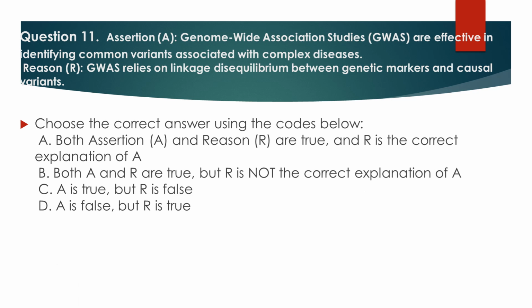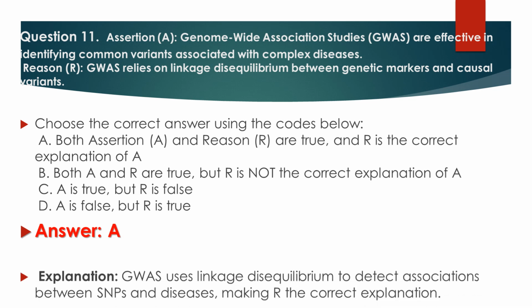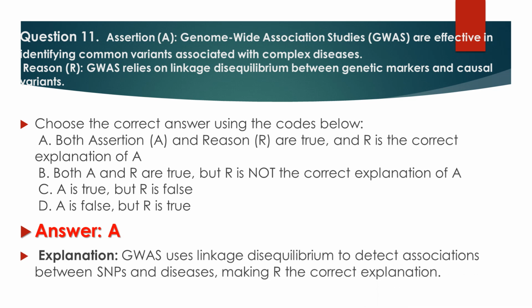A. Both assertion, A, and reason, R, are true, and R is the correct explanation of A. B. Both A and R are true, but R is not the correct explanation of A. C. A is true, but R is false. D. A is false, but R is true. Answer, A. Explanation: GWAS uses linkage disequilibrium to detect associations between SNPs and diseases, making R the correct explanation.